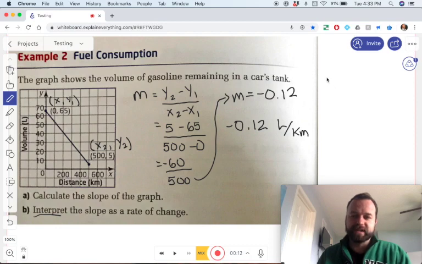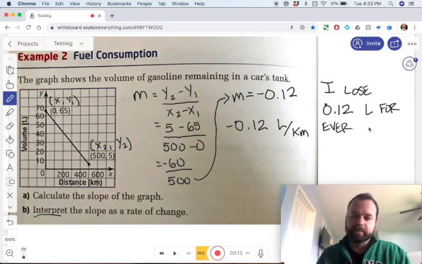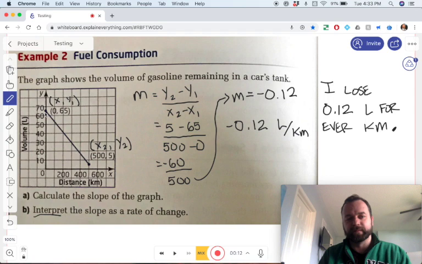So as far as interpreting, when I drive 500 kilometers and I lose 60 liters of gas, I lose about 0.12 liters for every kilometer I drive. It's negative because I'm losing gasoline. I'm going down. Notice again, if you read this graph from left to right, you can see the graph is going down, which means it should have a negative slope.